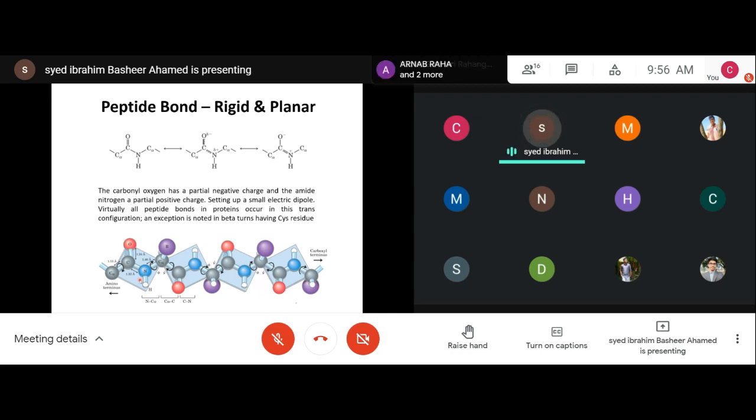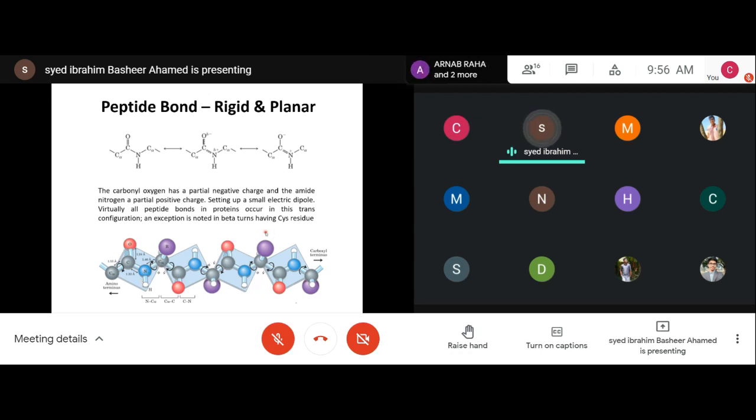Another thing is that the carboxyl group and this NH group are always facing opposite, or you can say they are always in trans configuration. The C double bond O is always in trans position to the hydrogen of this NH group, so that means it will be at 180 degrees.